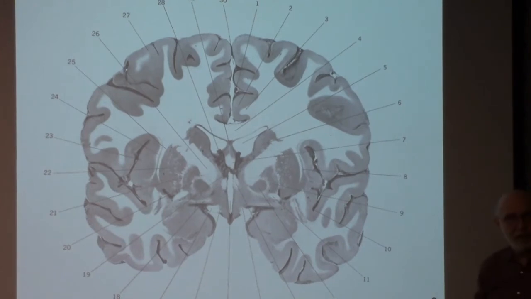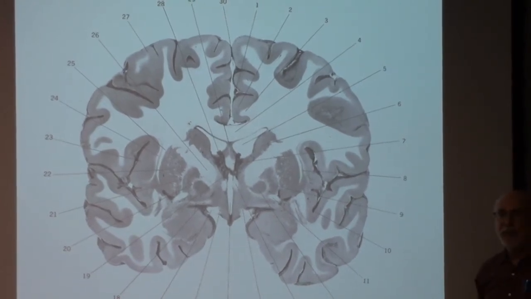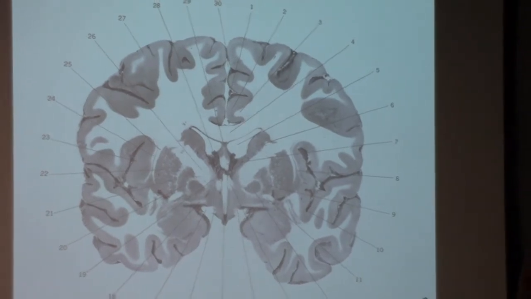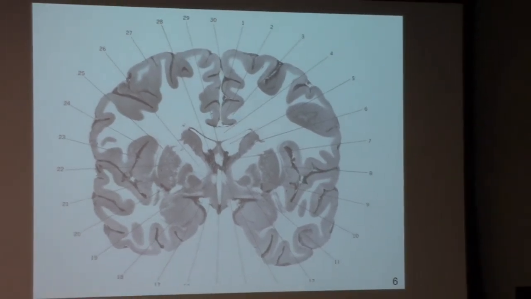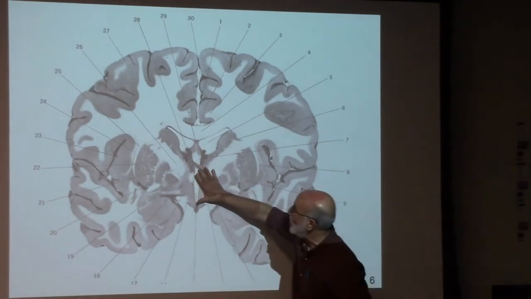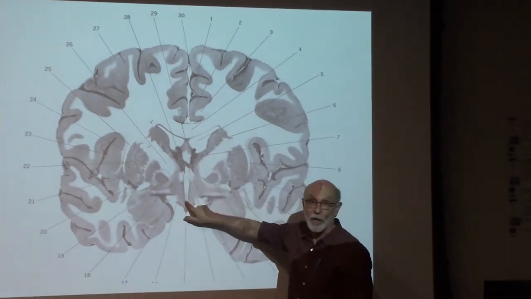It's challenging. I admit that this is challenging. Teach it for 10 years and it comes pretty natural, but I know that it's challenging. Question? Yes, the third ventricle is this long space here.